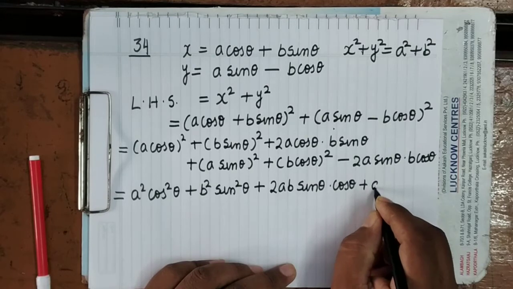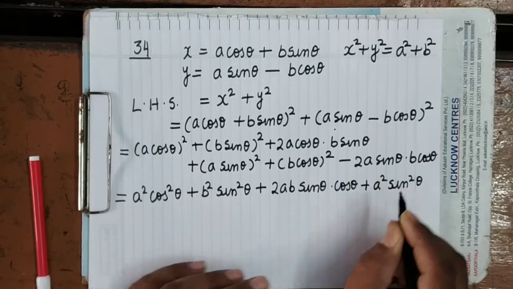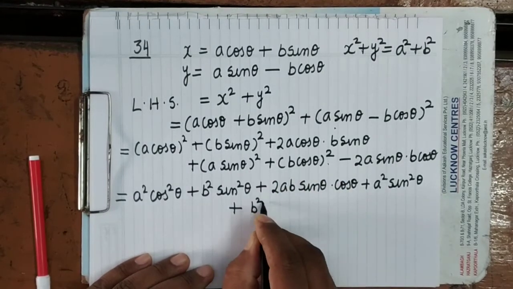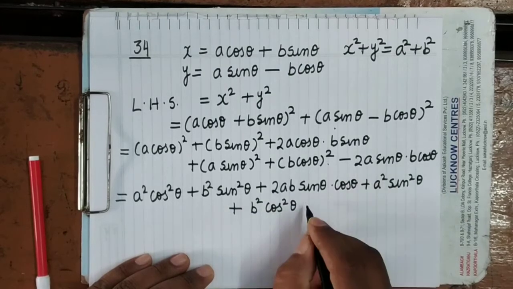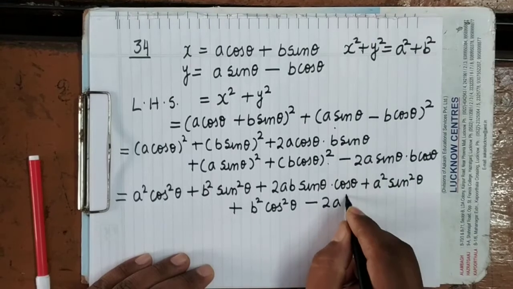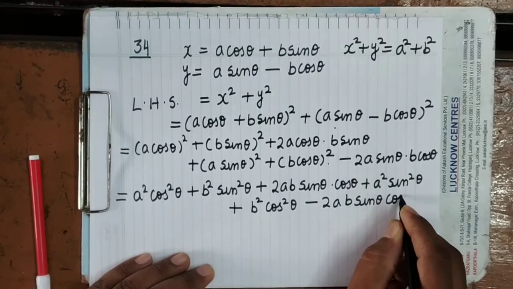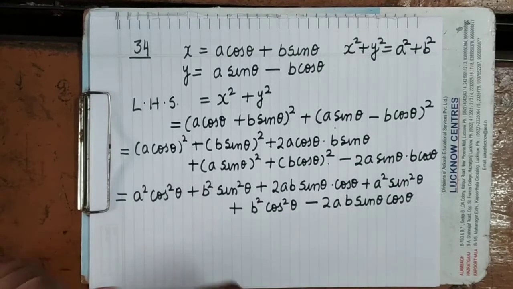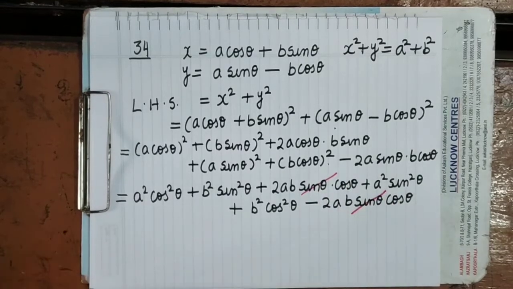Now here a square sin square theta plus b square cos square theta, and once again rearrange, minus 2ab sin theta into cos theta. So you can see here, 2ab sin theta cos theta will be cancelled with this.